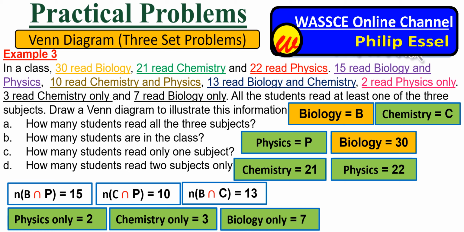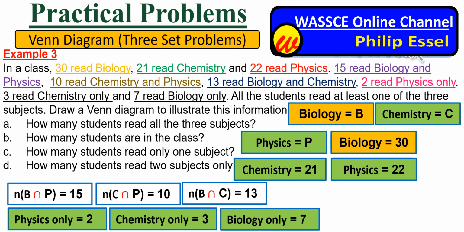Also from the question, we are given this important information that all the students read at least one of the 3 subjects. What this means is that we do not have any of the students who did not read any of the 3 subjects. So let's note this information.